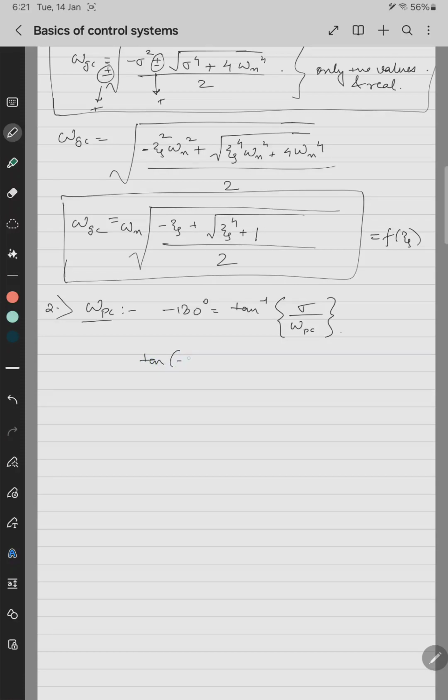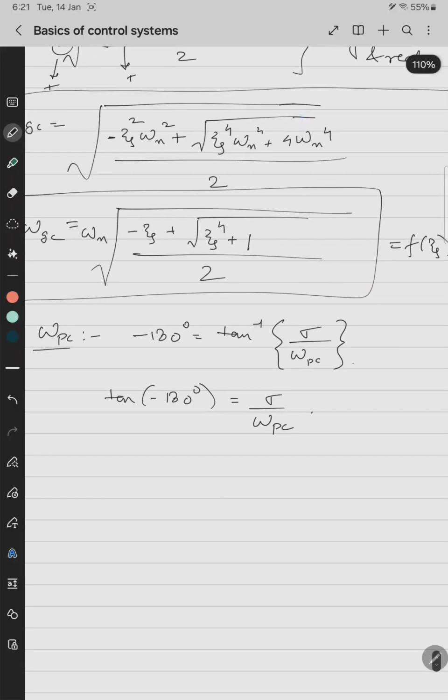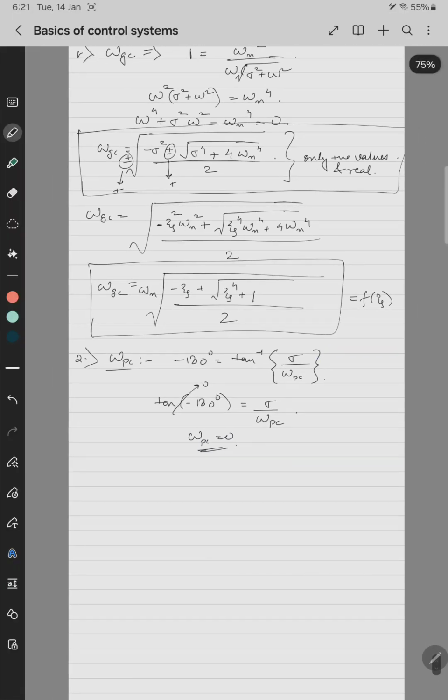So tan of minus 180 degree equals sigma by omega pc. Tan 180 degree is 0, so omega pc will be 0. So for omega pc we won't get a relation. In gain crossover frequency only we got a relation.